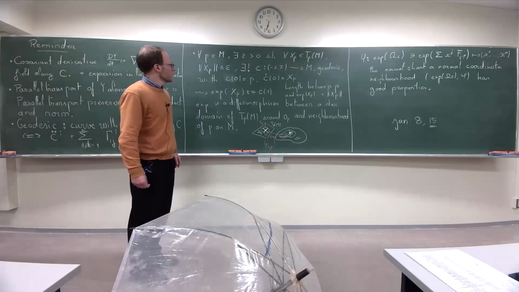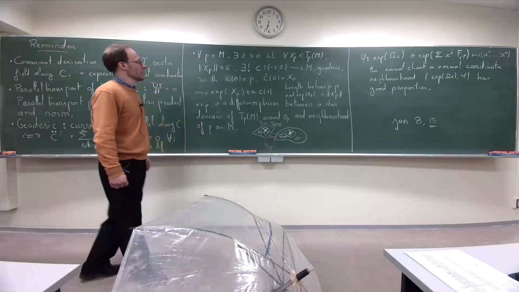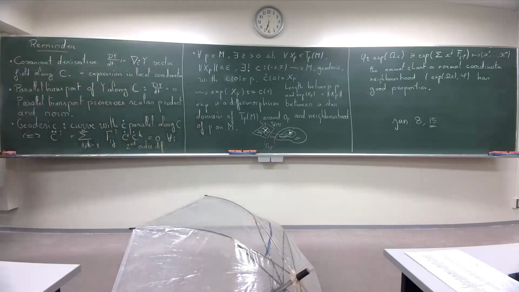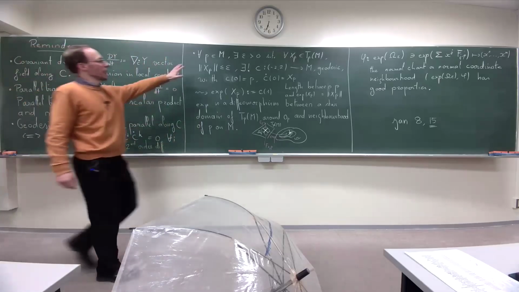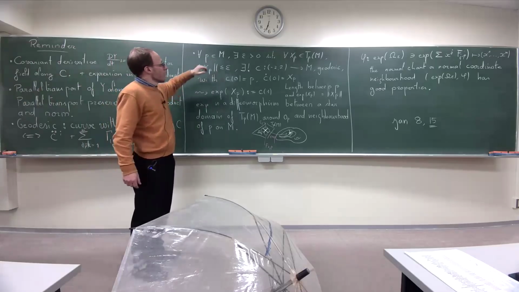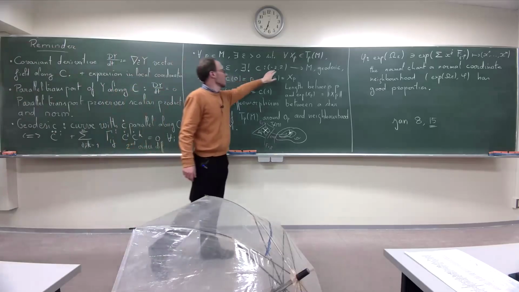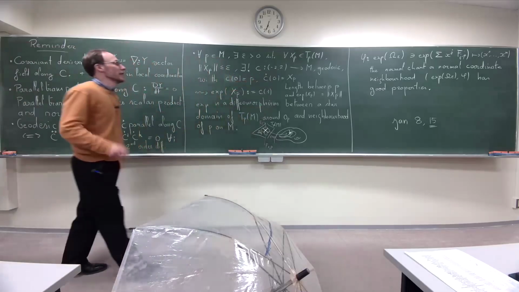Now we have the notion of geodesics. This is a second order differential equation, so we know we can solve it locally in time. We have a result where you need some uniformity in the interval where it's solved.